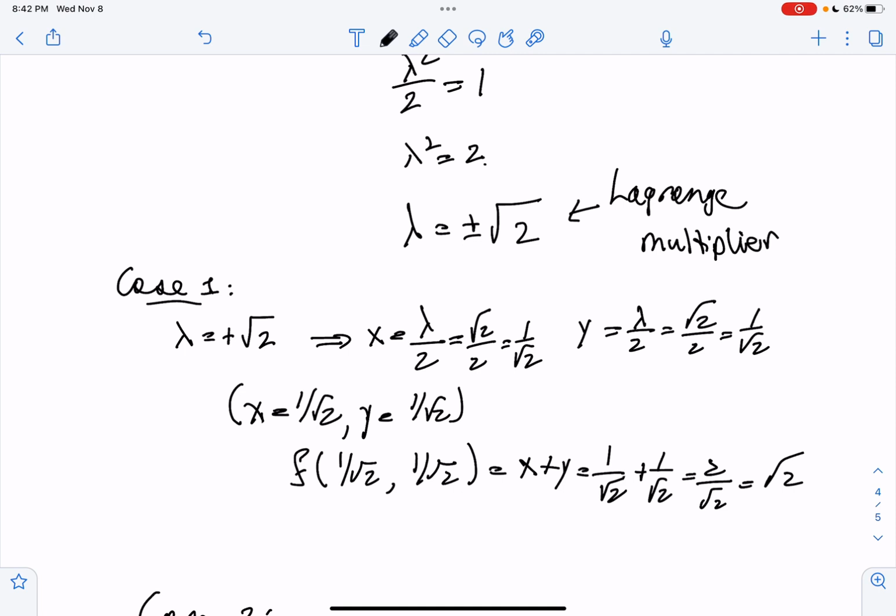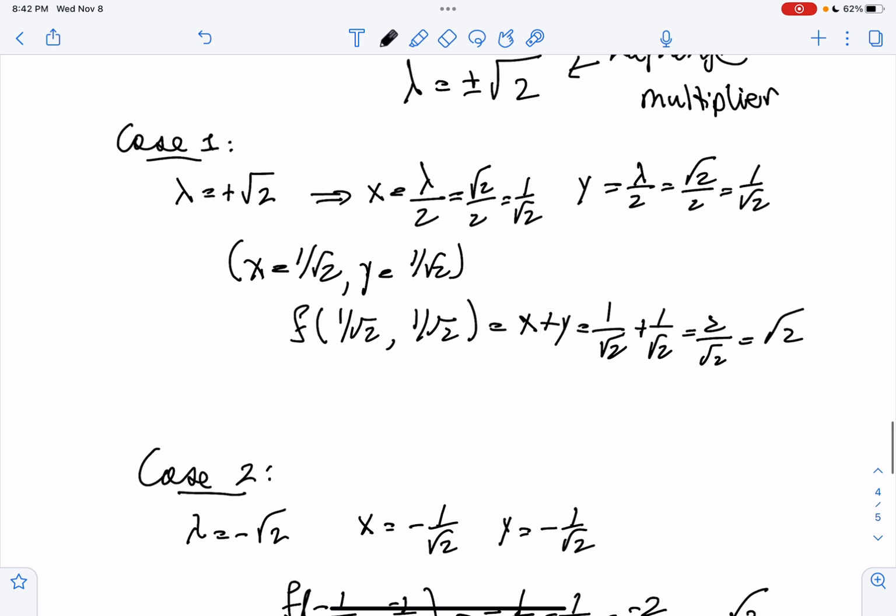Similarly, y is lambda over 2, so root 2 over 2, or 1 over root 2. So our first point of interest is 1 over root 2, 1 over root 2, and the value of f there, which is x plus y, is 1 over root 2 plus 1 over root 2, which is 2 over root 2, which is root 2.